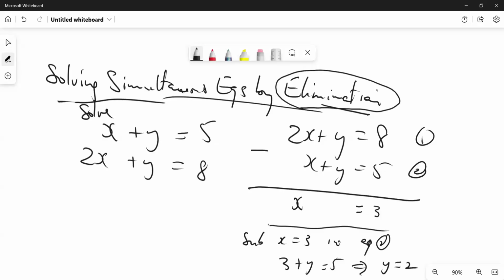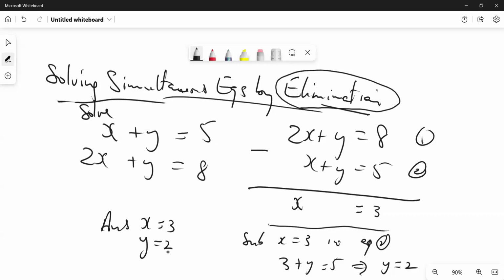You can try it in both equations: 3 plus 2 equals 5, and 2 times 3 is 6, plus 2 equals 8. So it works for both. Answer: x equal 3, y equal 2.